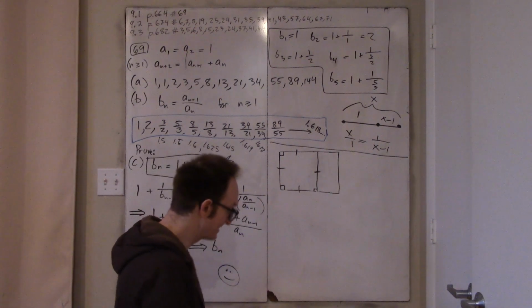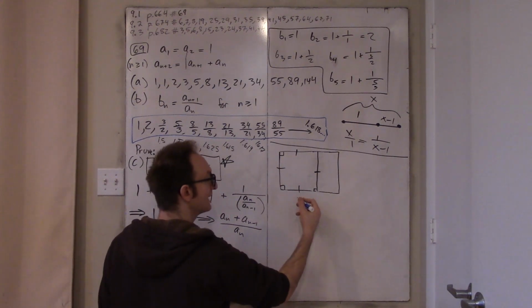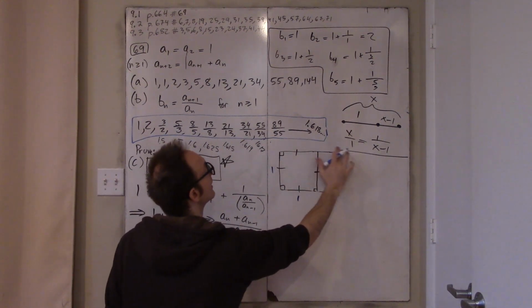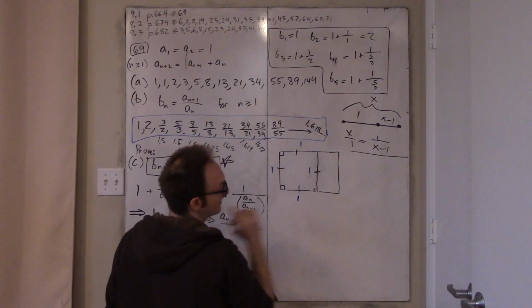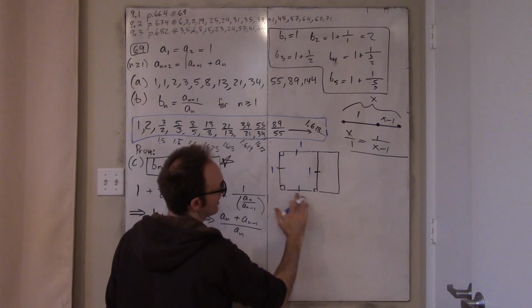Okay, and one way we can set this up is to let 1 be the side length of the square that we remove, and let x be the other side. Maybe I want to make the whole thing x.